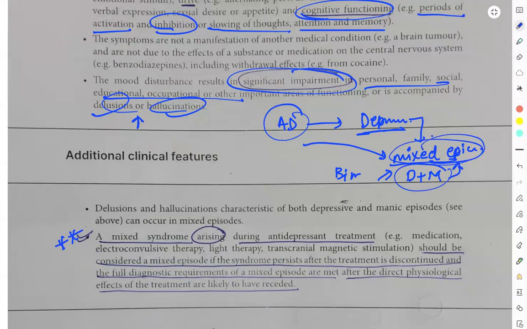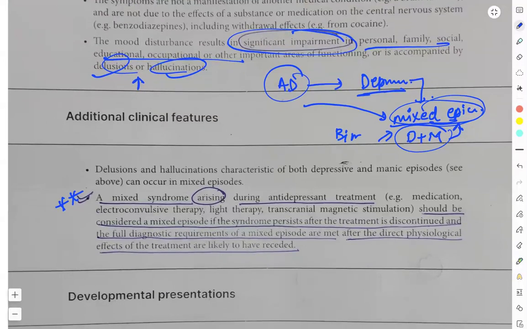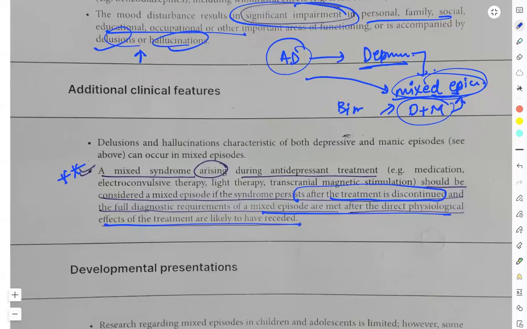When is it that you're going to say that it is a mixed episode? This is important. If you have stopped the antipsychotic treatment, after the treatment is discontinued, and the symptoms still persist.